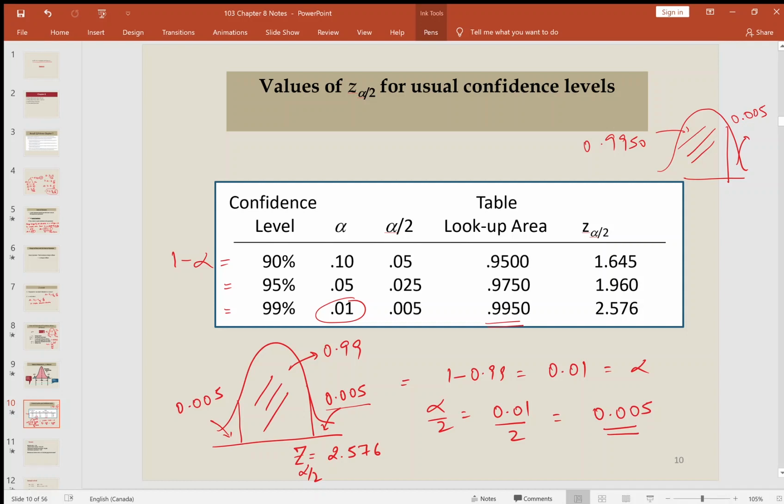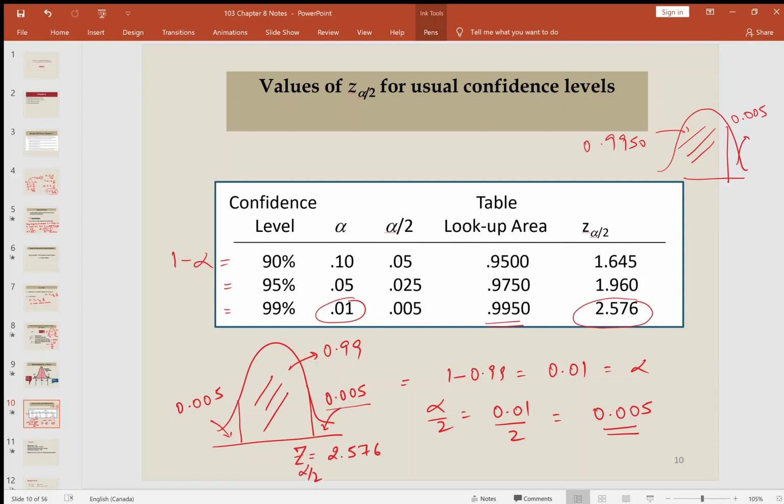This falls in the middle, so you could say it is 2.575, but the exact value happens to be 2.576, and this is a number that we'll be using so regularly that you will get to know this quite well.